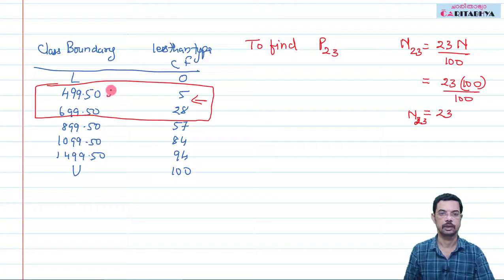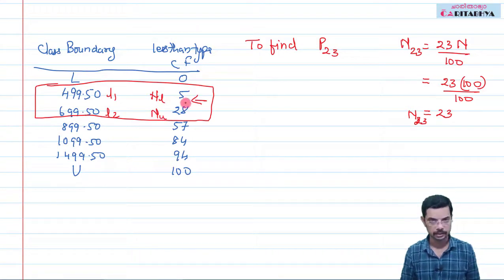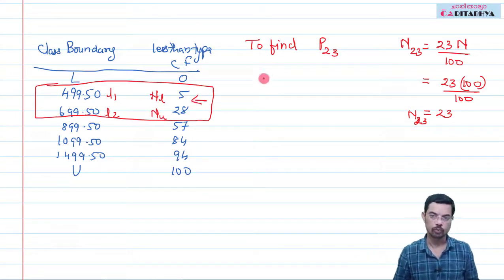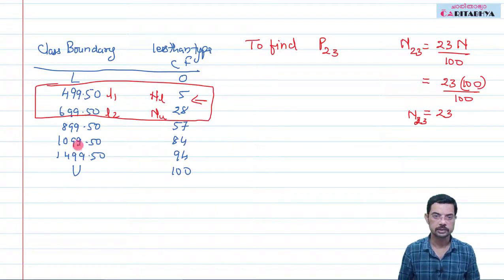So this is our L1, this is our L2, this is your NL, and this is your NU. Correct? Now let us use the formula.